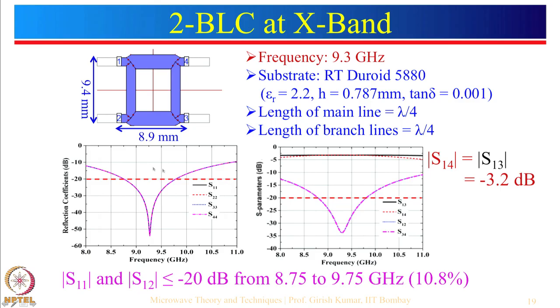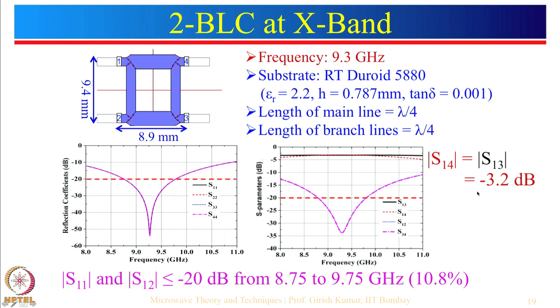So let's see the results for this particular case. This is the input here, port 1, port 3, port 4. At port 3 and 4, since we have designed it as a 3 dB coupler, you can see that S14 or S41, they are symmetrical, S41 and this is S31 or S13. You can see here that the power is almost equally divided, and this value is about minus 3.2 dB.